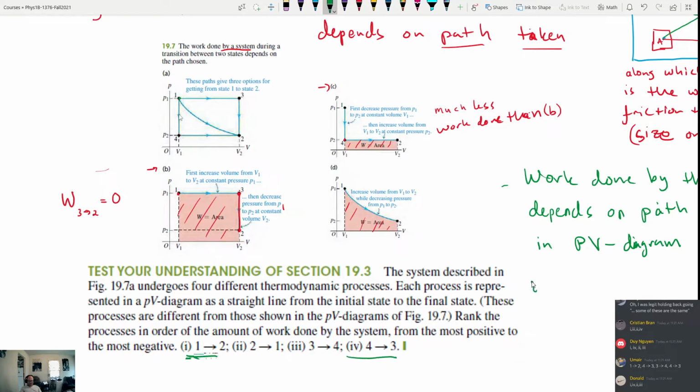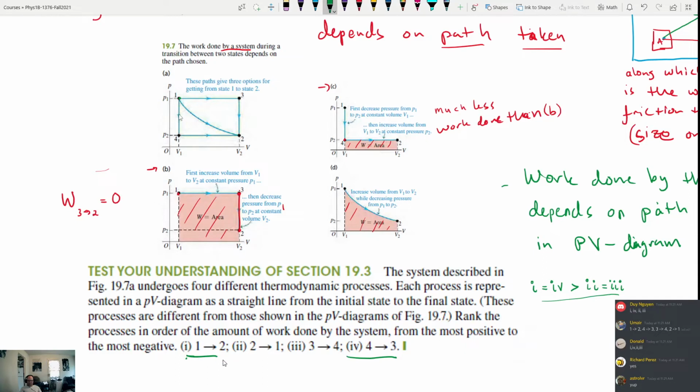So I would write it as I is equal to IV is greater than, the other two are the same as well. Shall I agree? That's how I would rank them.